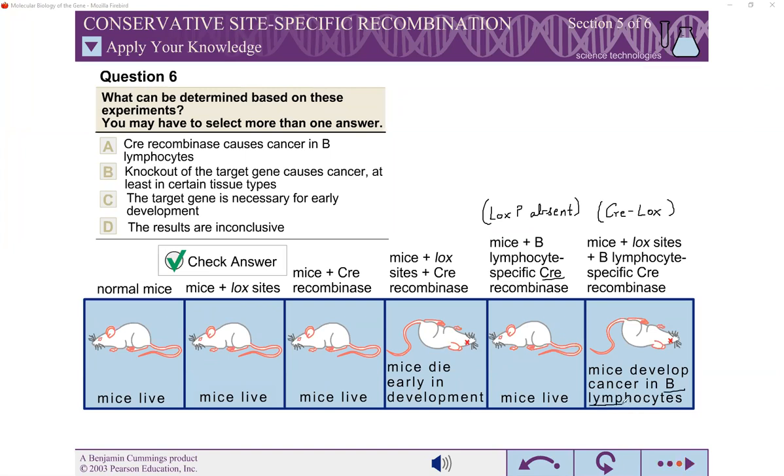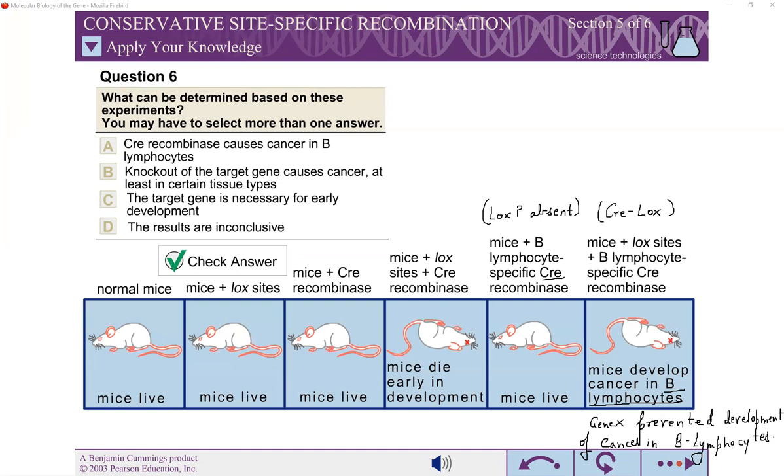What does this mean? This means that the gene X was the one which was responsible for preventing the development of cancer in the B lymphocytes.